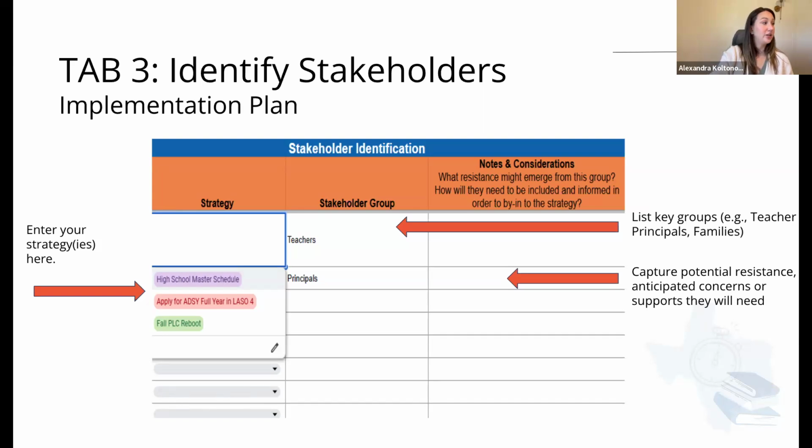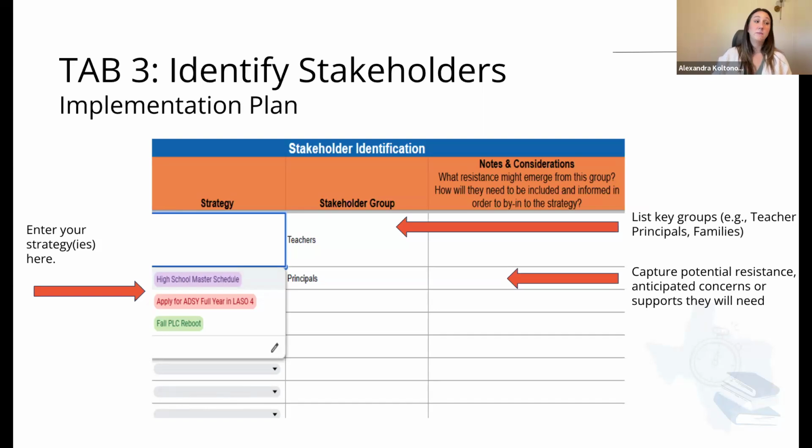For each strategy, which copies down from your first theory of action page, we want you to identify each stakeholder group to be engaged, most likely more than one, and then document what considerations should be made as you prepare the rollout of the implementation plan and the strategy.